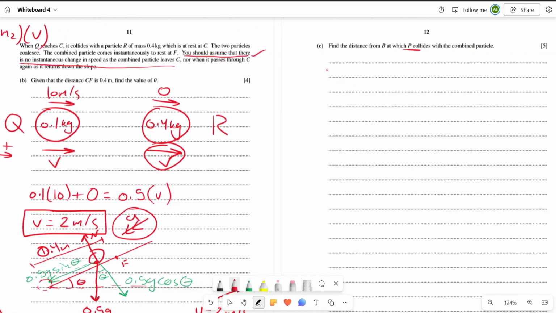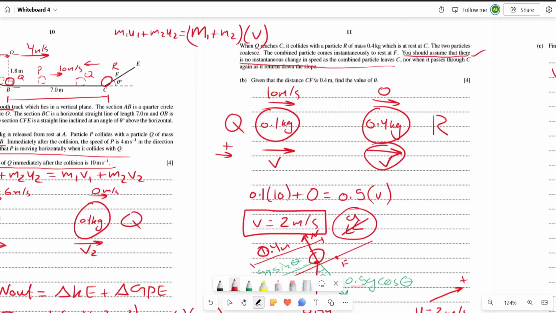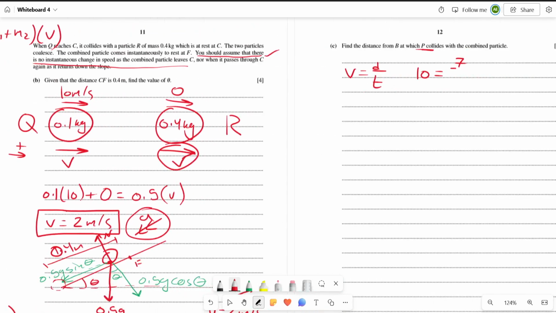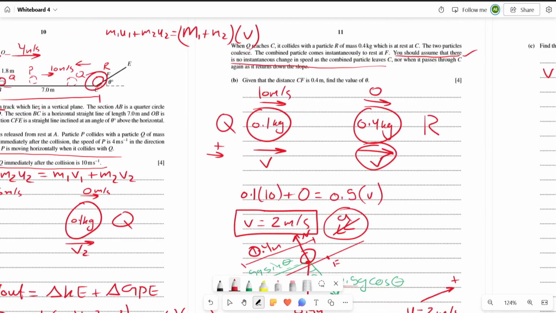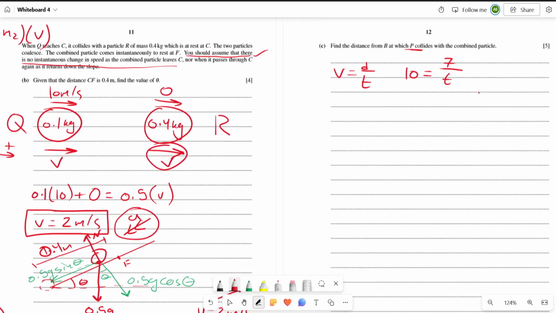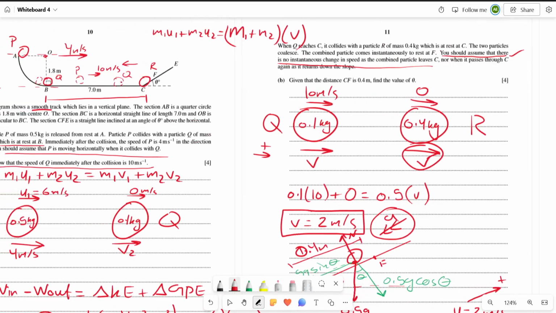So constant velocity means zero acceleration. I'm just going to use v equals d over t. So 10 equals the distance which Q moved, which is 7 meters until it reached here. It moved 7 meters over the time it took. So the time is going to be 7 over 10, or basically 0.7 seconds. So that's the initial time that Q took in order to move from B to C.